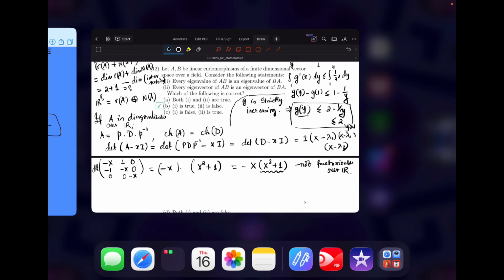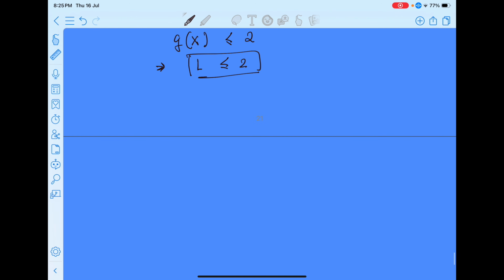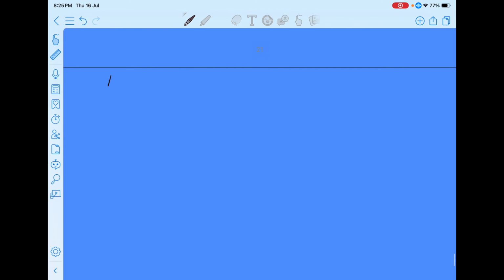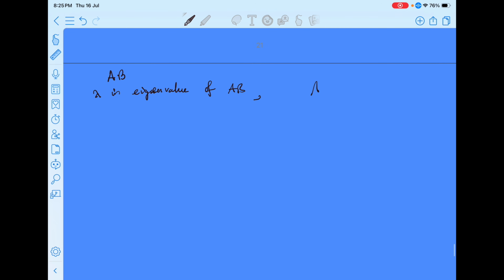Let us just do it here. So for AB, let's say lambda is an eigenvalue of AB. That will imply ABv equals lambda v for some non-zero v.